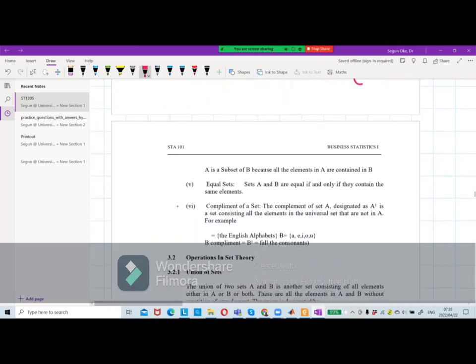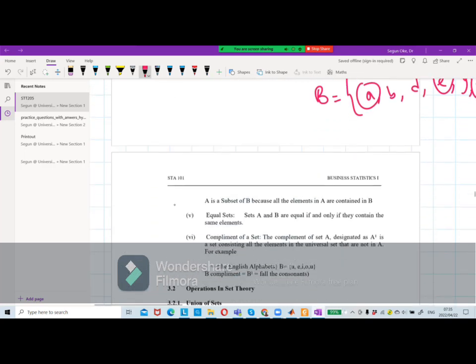So we can continue from there. We also have what we call equal sets. Sets A and B are equal if and only if they contain the same elements. Please take note. Then we have the complement of a set.